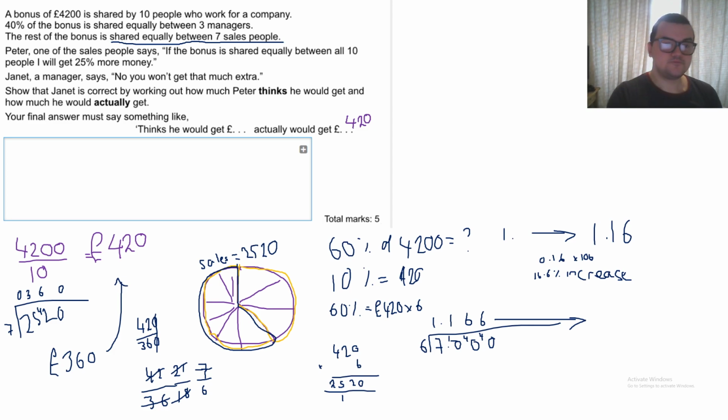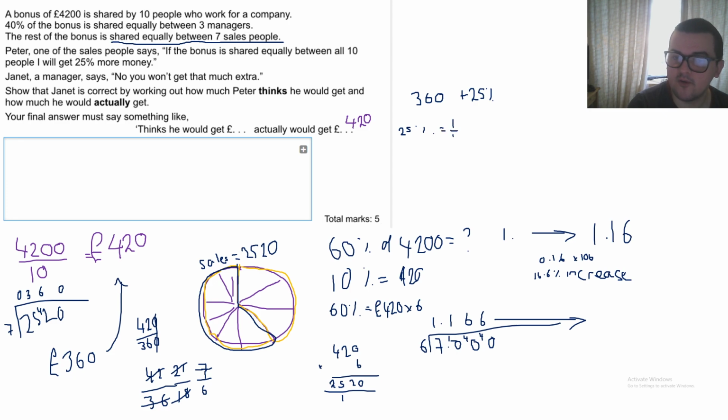So he thinks he would get 25% more of what he already gets. What is 25% more of what he already gets? Well, 360 plus 25%. 25% is just the same as a quarter.